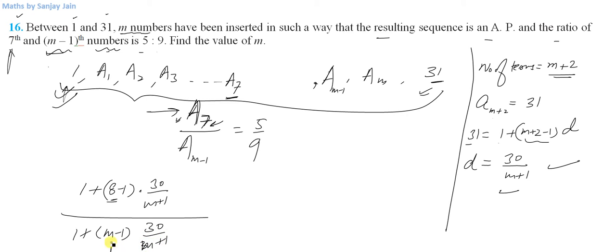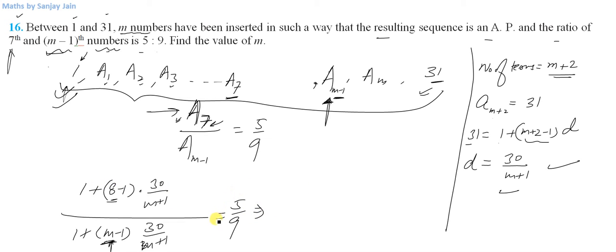If you are still surprised how I got m minus 1 here, see, this is the mth term. This is not the m minus 1th term because I started from 1 here, 1, 2, 3. So this is not the m minus 1th term. This is the mth term. That is why I have written m minus 1 here. And it is equal to 5 by 9. I hope you have got the idea that I want to convey.